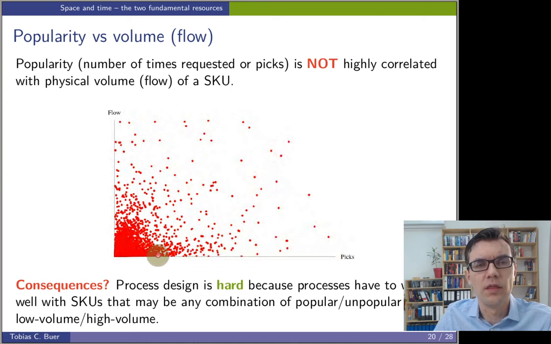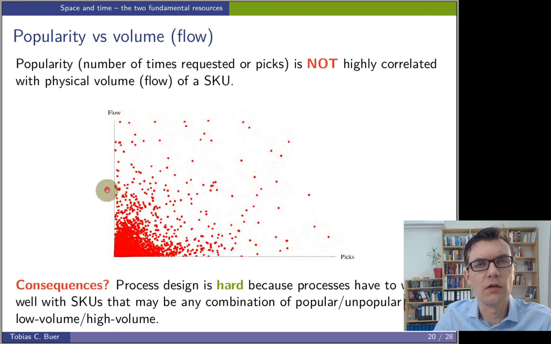So the farther to the right an item is placed, the more popular this item is, because we have more requests, we have more picks to do for this item.